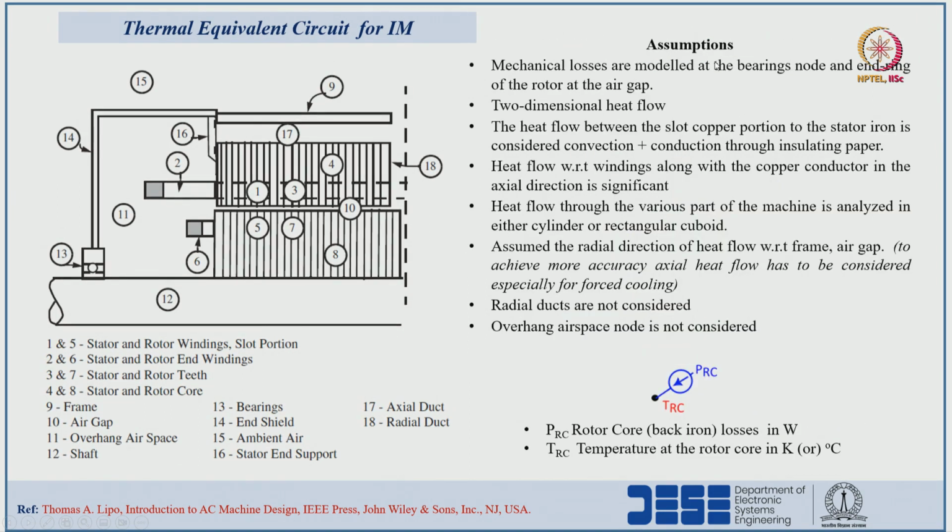The assumptions we have considered to realize the thermal equivalent circuit for the induction machine: mechanical losses are modeled at the bearing point. Let us say the bearings are presented at this point, at the end of the shaft.